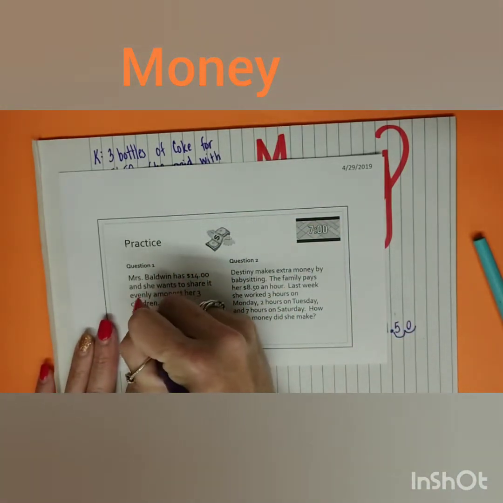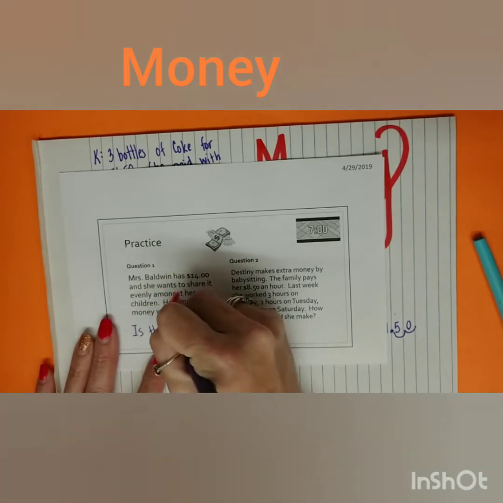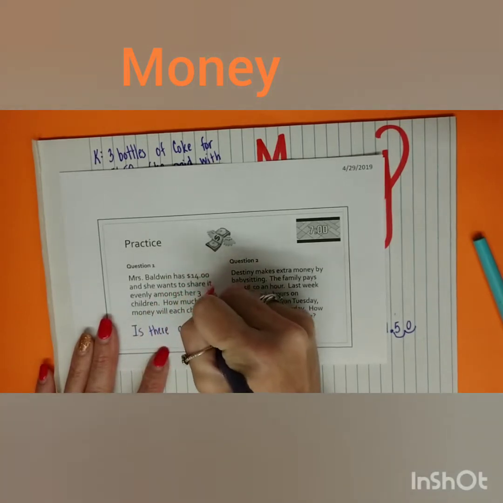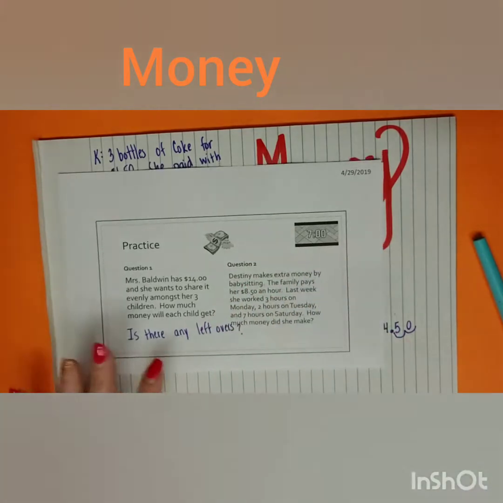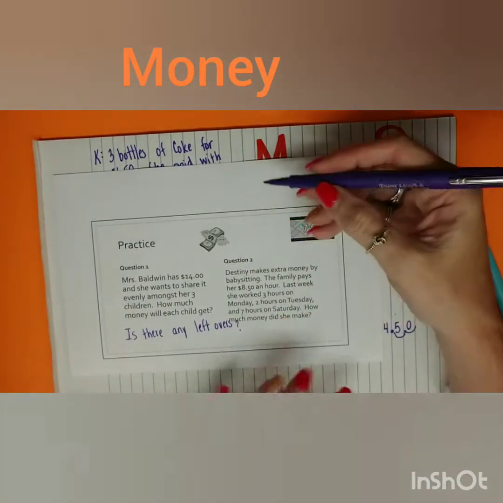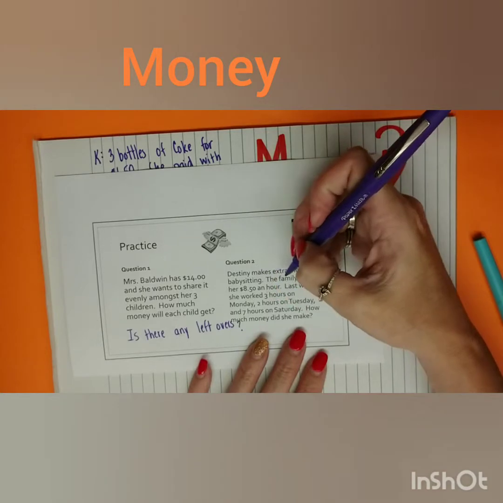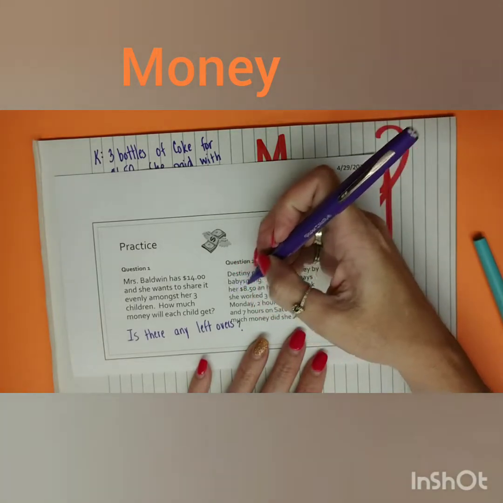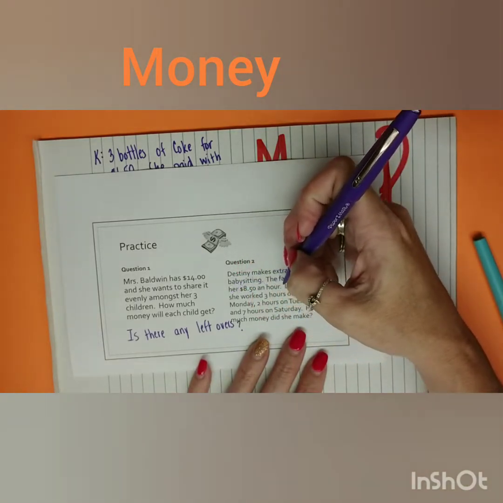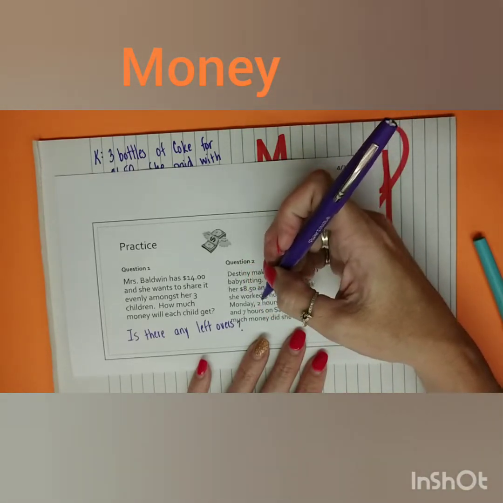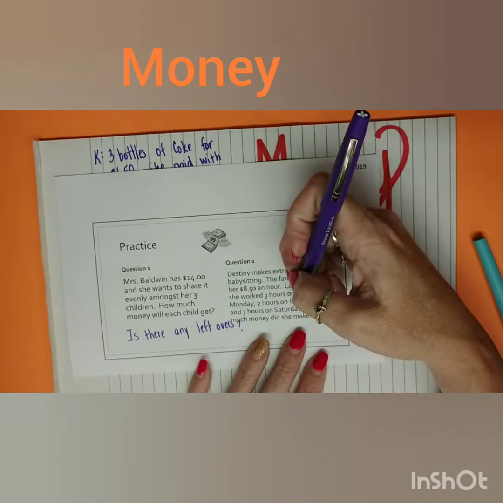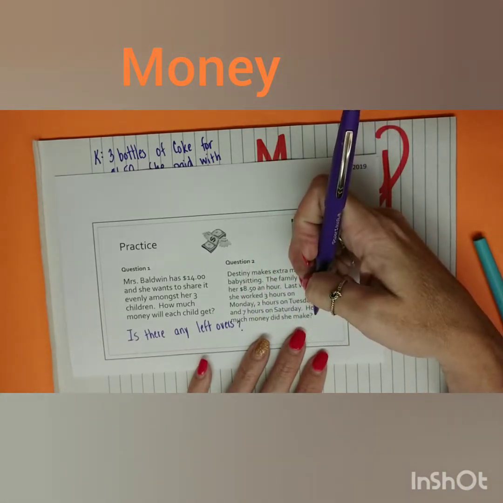Is there any leftover? We did this in class. And then the second one: Destiny makes extra money by babysitting. The family pays her $8.50 an hour. Last week, she worked 3 hours on Monday, 2 hours on Tuesday, and 7 hours on Saturday. How much money did she make?